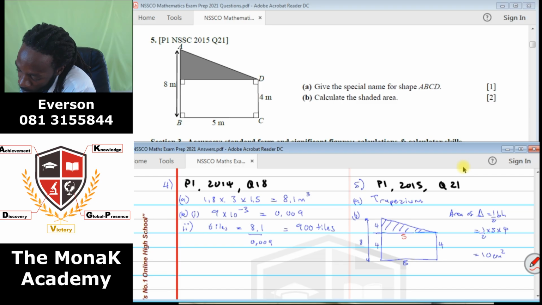Five here, 4 here. Don't worry about whether it looks like the 4s are not the same. Not to scale.